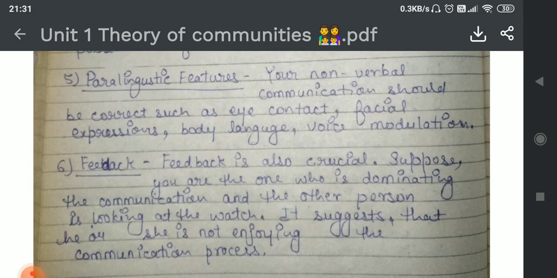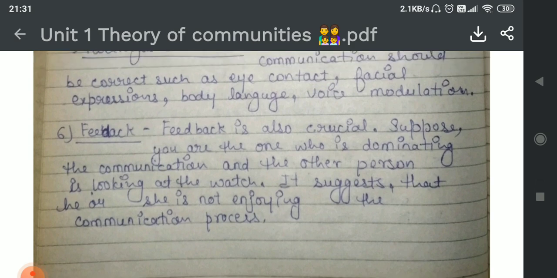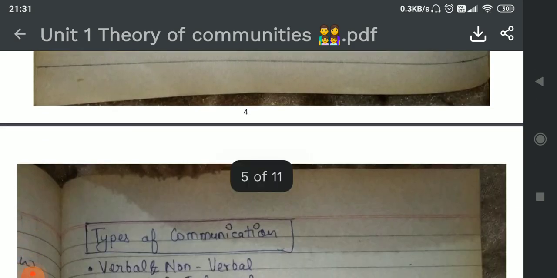Suppose you are the one who is dominating the communication and there are other people and they are watching you, so it suggests that he or she is not enjoying the communication process. And through feedback, you'll come to know whether the person is enjoying whatever I'm talking about or not. Suppose they look here and there, so it means they are not enjoying the conversation. Suppose they are looking at their watch, it also means that they are not enjoying the process of communication, right?